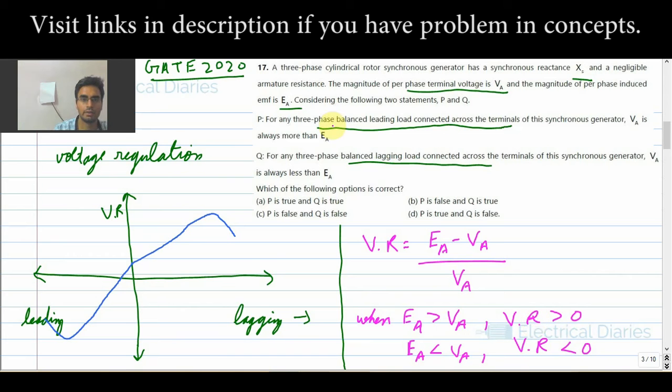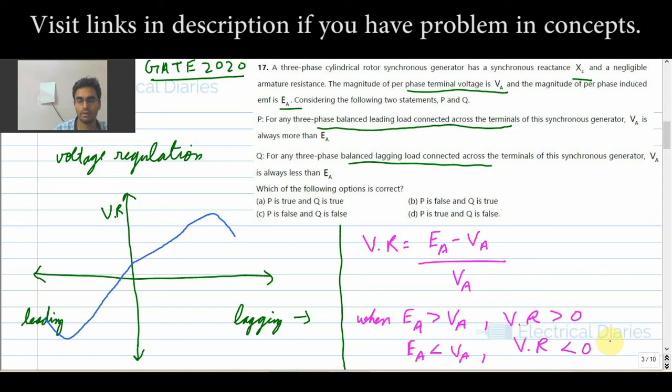Now let us read these statements. For any three-phase balanced leading load connected across the terminals of the synchronous generator, VA is always more than EA. So now he is saying that VA is always more than EA, that is, VR is always negative.